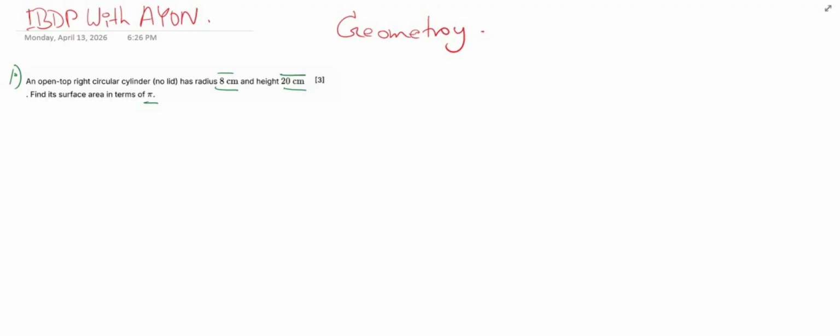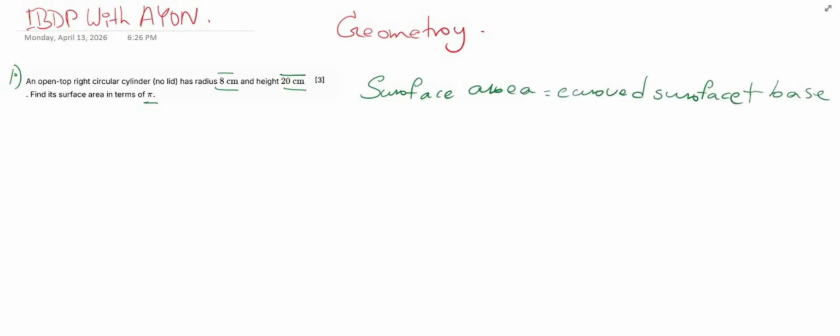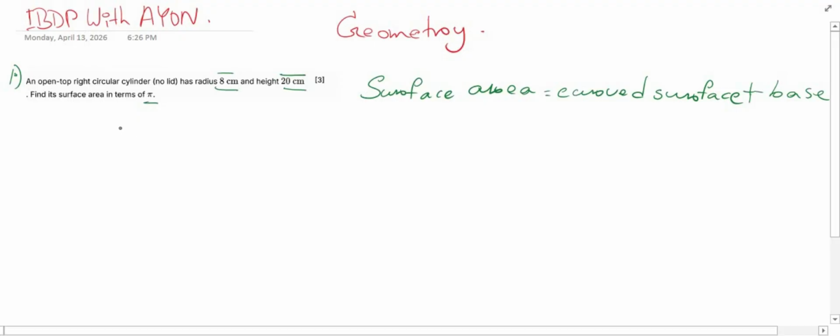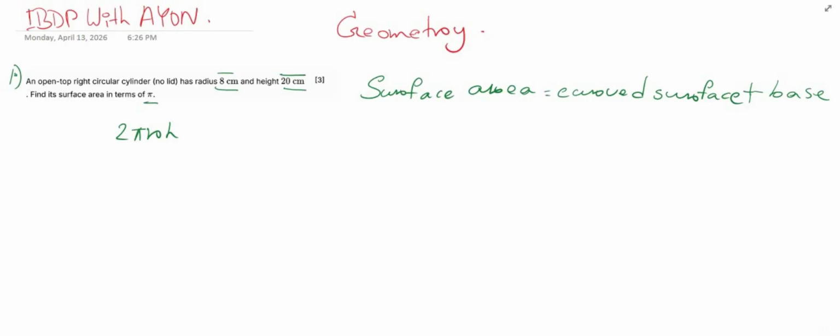The main formula we need to find the surface area in terms of pi is: surface area is equal to curved surface plus base. The formula for the curved surface of a cylinder is 2 pi r h, and we have the radius and the height, so we can easily find this.